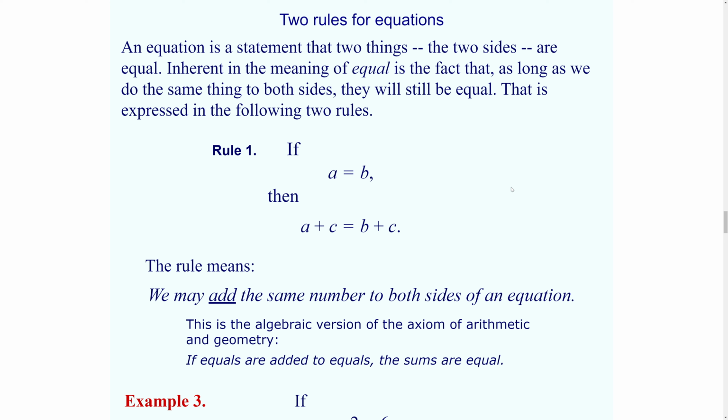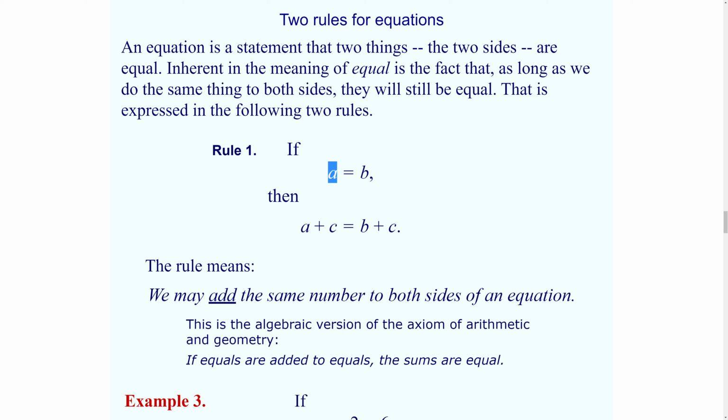In this case, for this rule, we're saying that A is equal to B. And what we're saying in this rule is that if we do something to one side of the equation and do the exact same thing to the other side, the equation still hasn't changed. It is still equal. Whatever's on the left is equal to whatever is on the right.